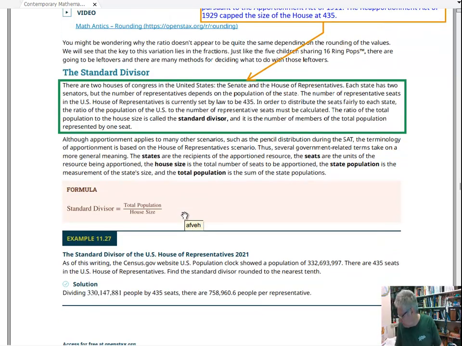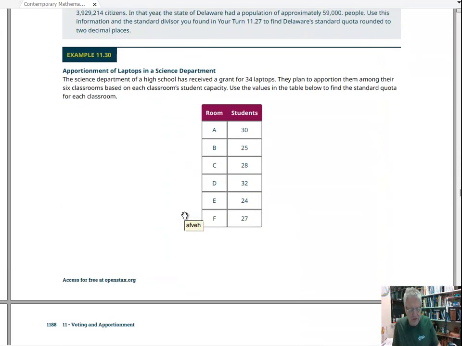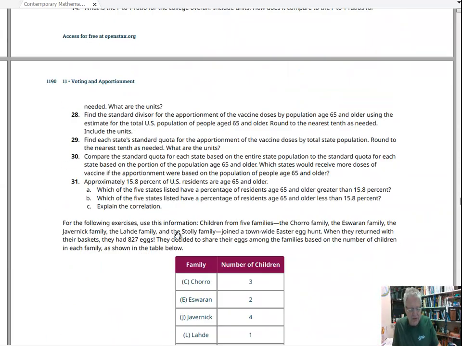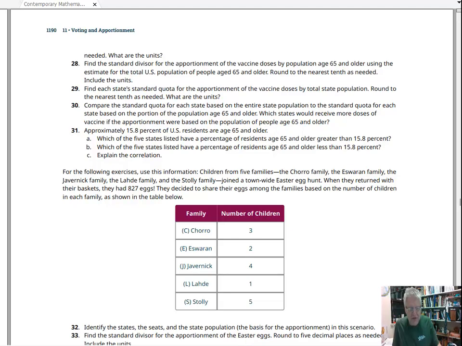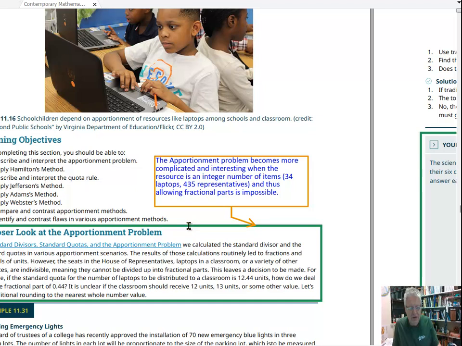All right, so let's get on here a little bit. I'm scrolling through here. I've written down whichever page I want to look at in our textbook. Yep, there we go.